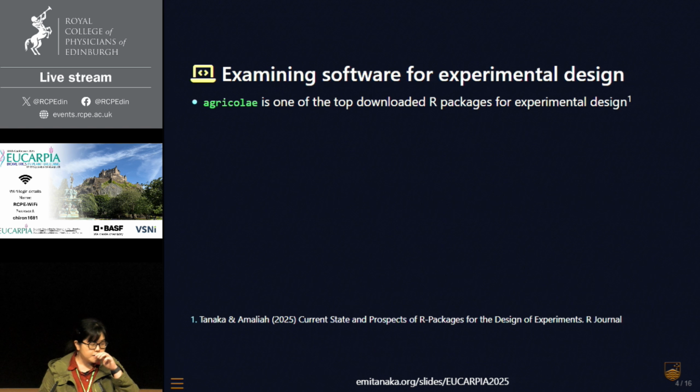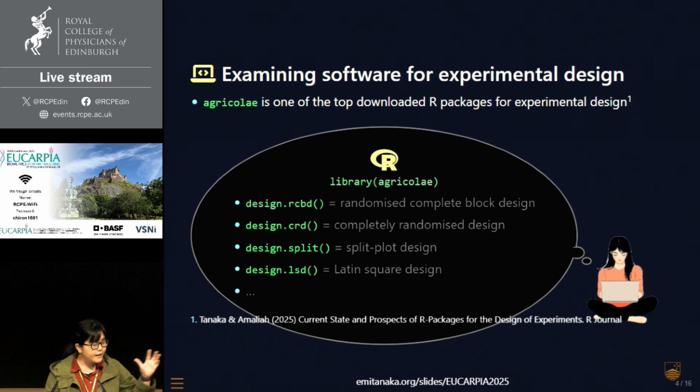So I had a literature review where I looked at a survey of different experimental design R packages. And one of the most downloaded R packages is called Agricola. The way that Agricola designs its functions is that we have functions with a prefix design dot, followed by some acronym of the corresponding name design.